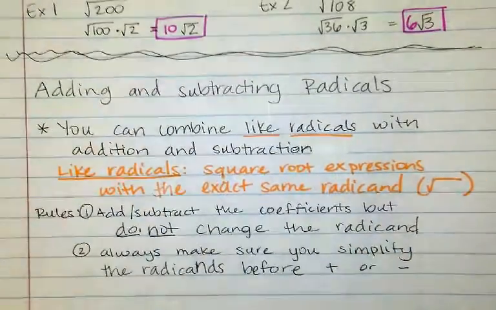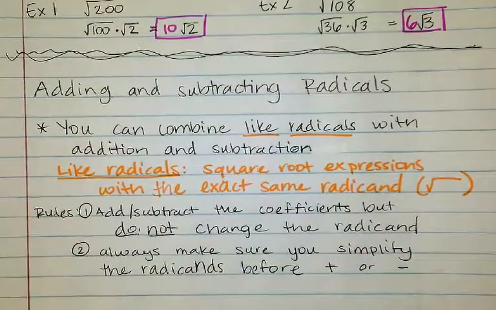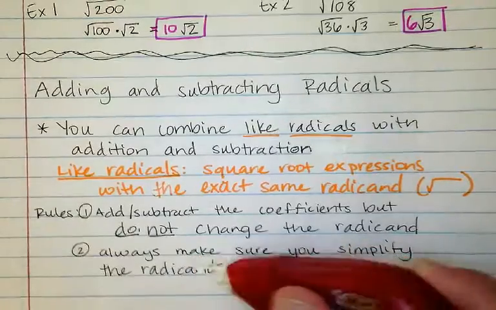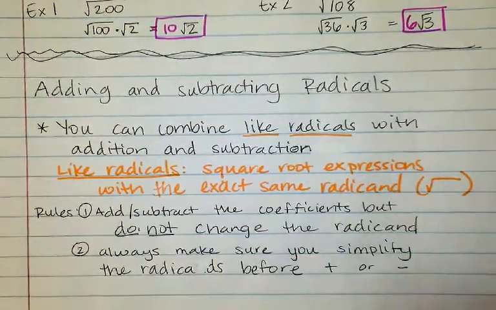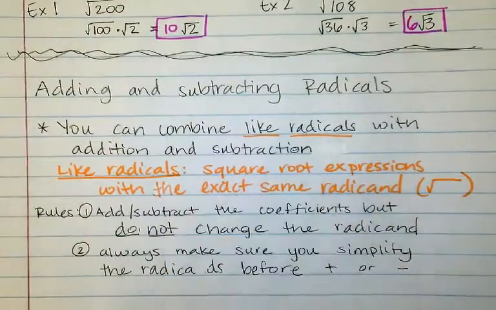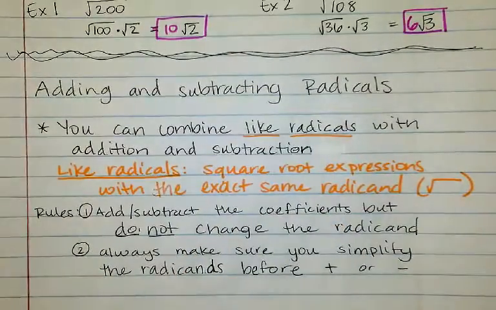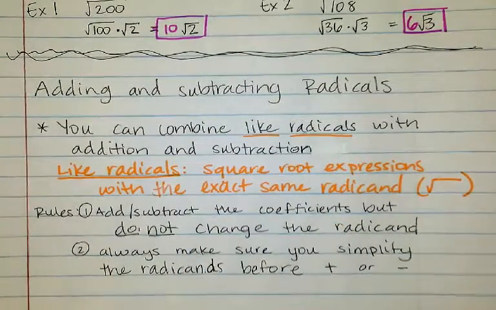Alright, so we always want to make sure we simplify. You want to make sure you simplify the radicand before you add or subtract. Do y'all feel good about that? So these are some of our rules.